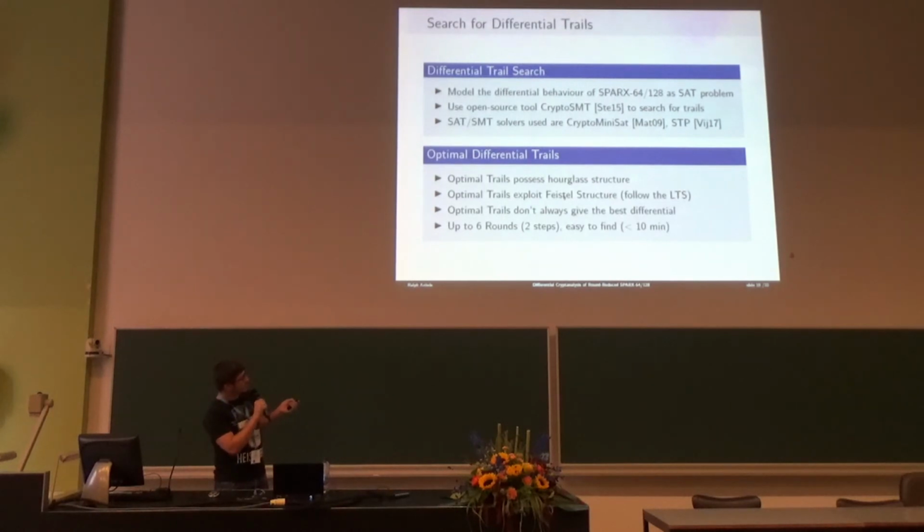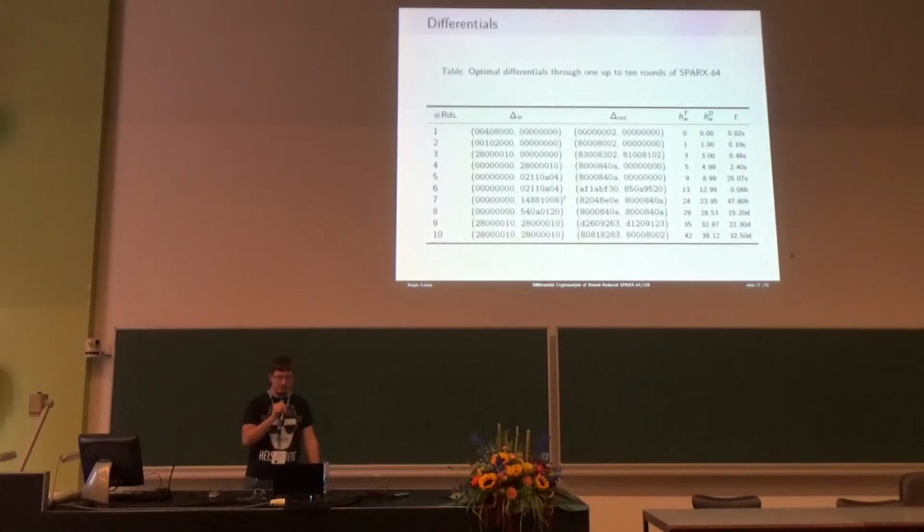So we also look at the differentials, and for 6 rounds, so 2 steps, they're actually quite easy to find, in about 10 minutes, but that changes quite rapidly. So if we look at more rounds, for example 6 rounds, it's about 25 seconds, and for more rounds, for example 10 rounds, it actually took about a month.